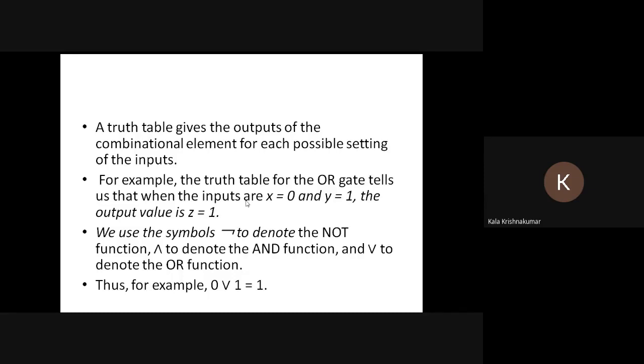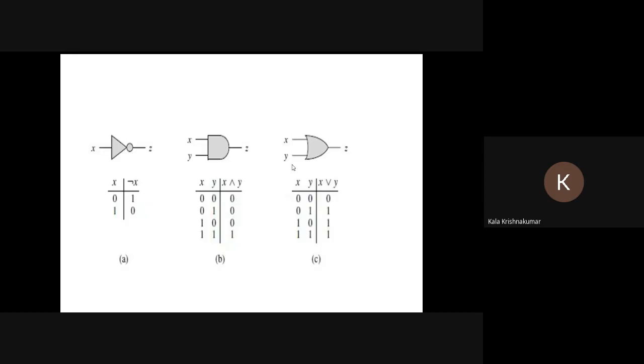We use negation to denote NOT, and the symbols for the AND and OR functions. So these are the gates and the truth tables.